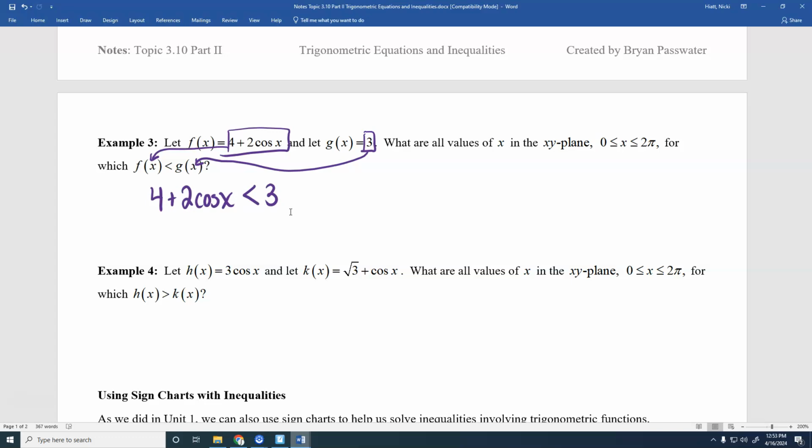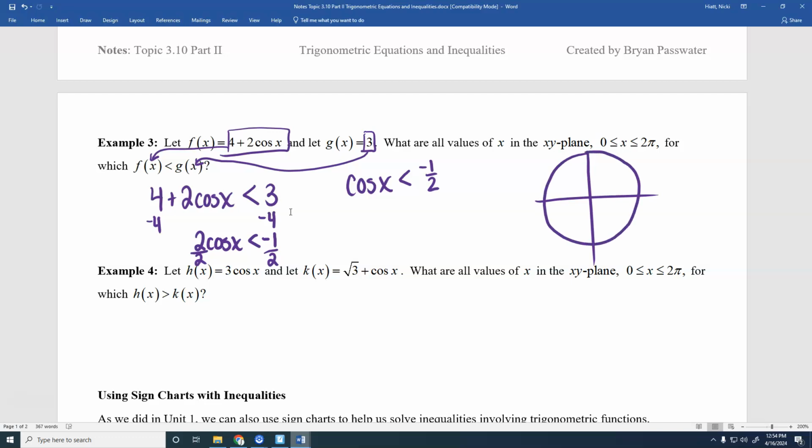Okay, and up until we get to the end, we really just solve this like we would solve an equation. We're going to subtract that 4. We'll get 2 cosine x is less than negative 1. We'll divide by 2. We're looking for cosine x is less than negative 1/2. And so we will be thinking about our unit circle here.